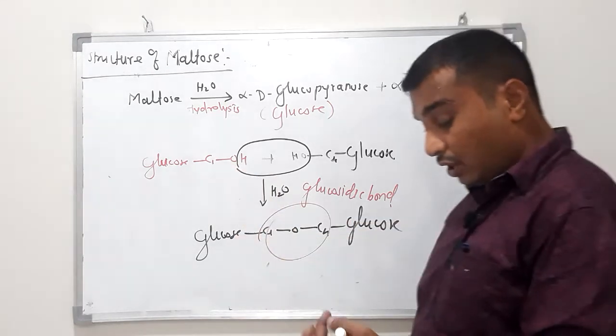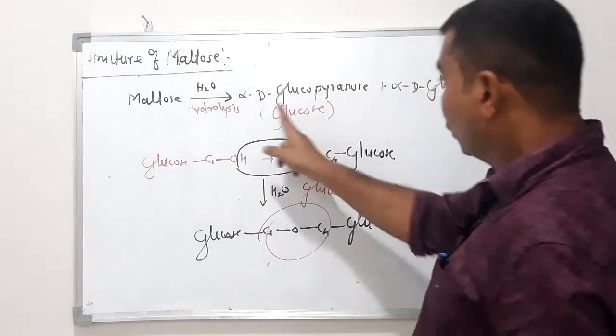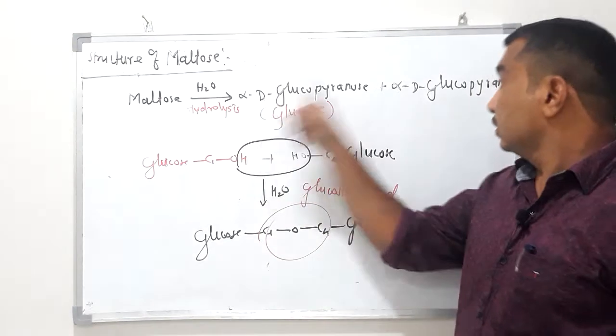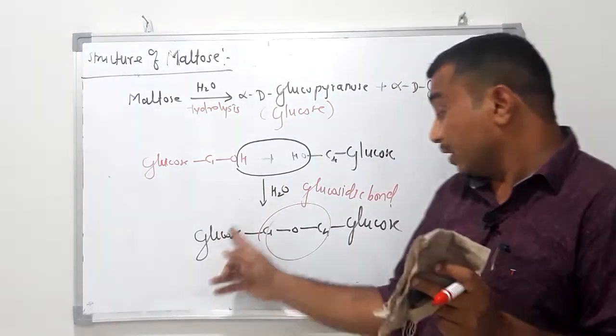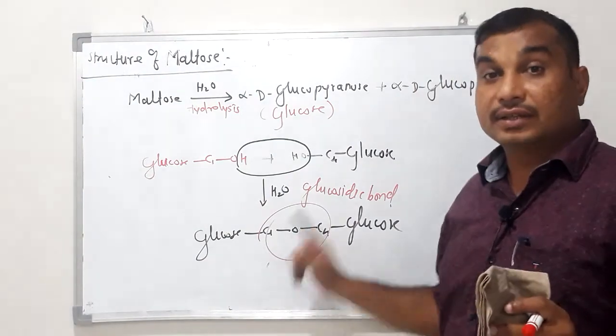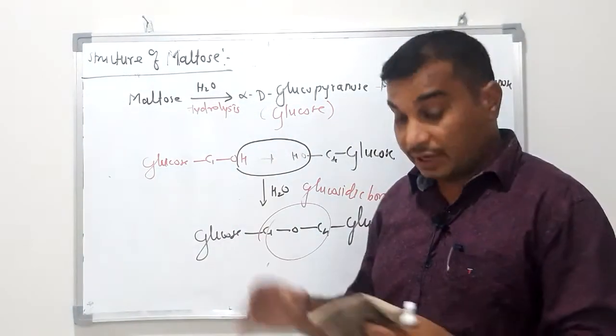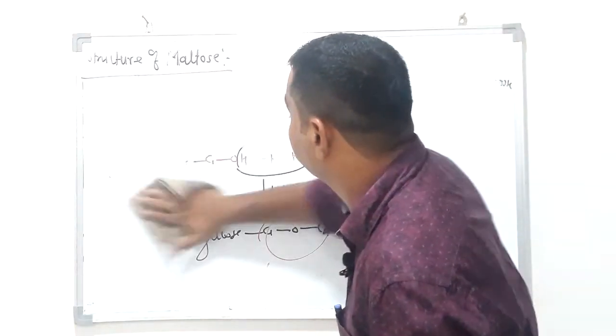Now I will try to draw the structure of maltose. We know the structure of alpha D glucopyranose, so we have to combine two of them through C1 and C4 through oxygen, and that will give maltose. Very simple. Let us try.